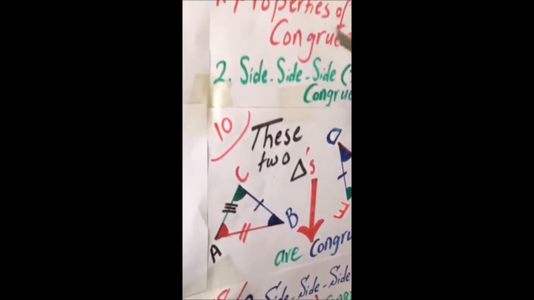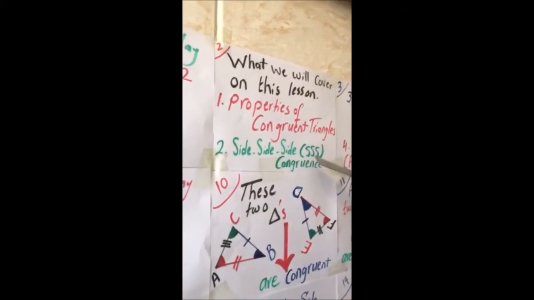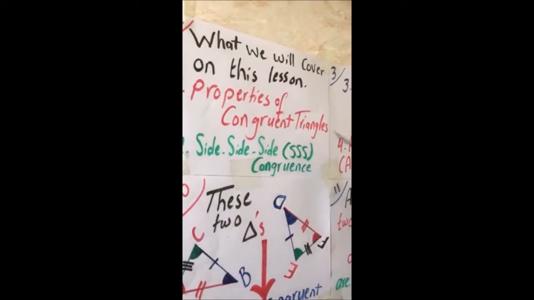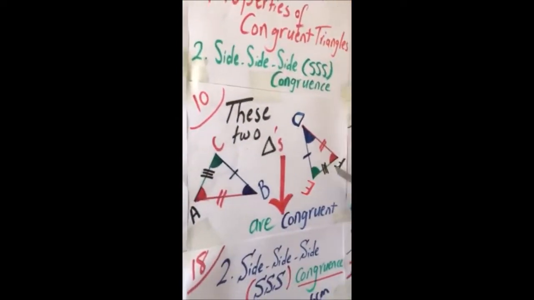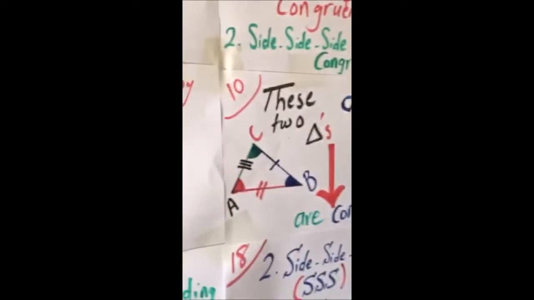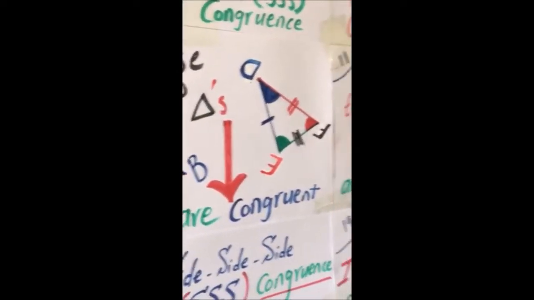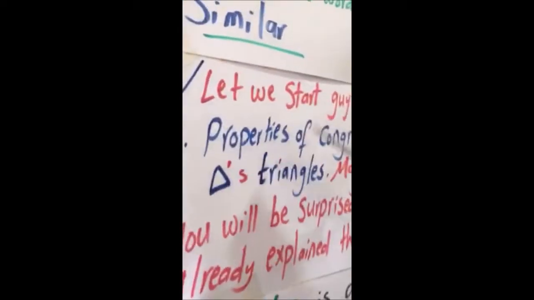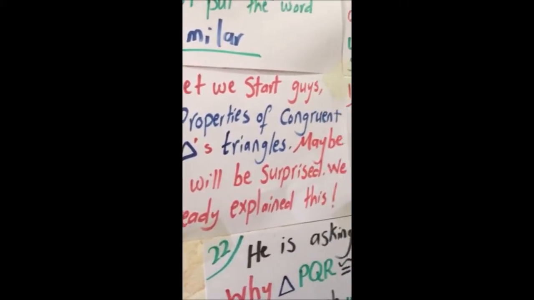If you go up, I put it down on that paper. It means this is the case of side, side, side. Why? Because AC is equal to FE, BC is equal to DE, and AB is equal to FD. So, going back to number 1, properties of congruent triangles, we already explained this. Let me continue.